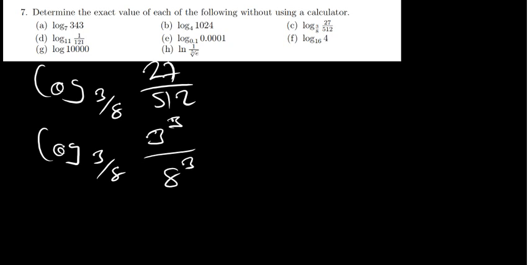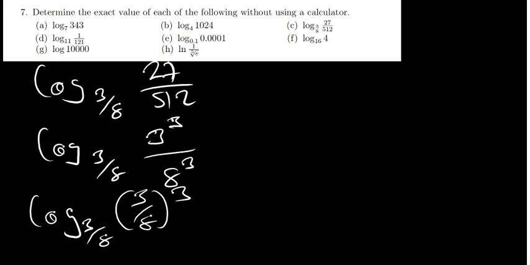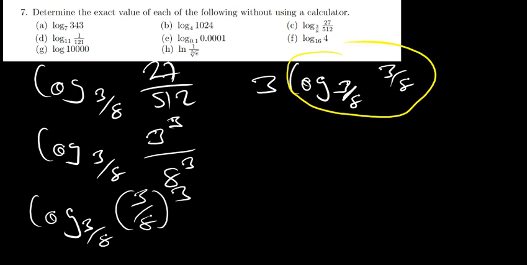So I can write log base 3 over 8 of 3 over 8 to the power 3. I can shift the power 3 to the front: 3 log base 3 over 8 of 3 over 8. This part gives us 1, so it's 3 times 1, which is 3.